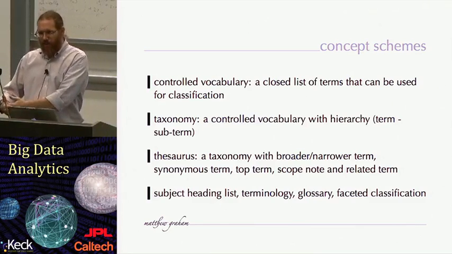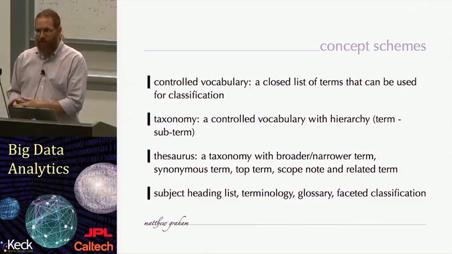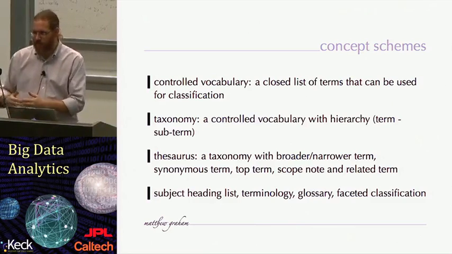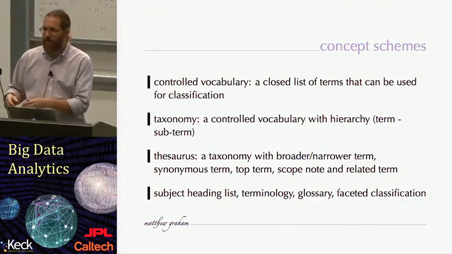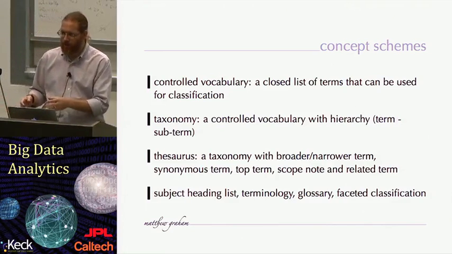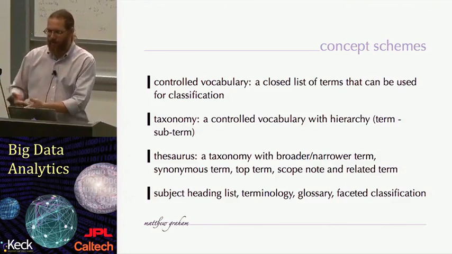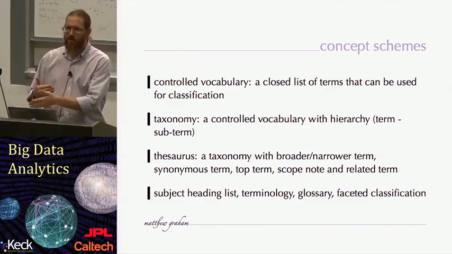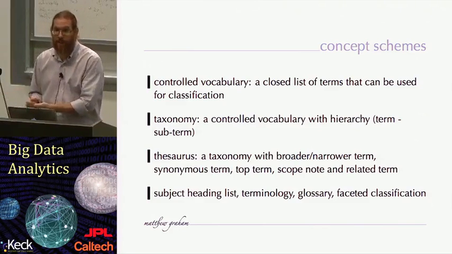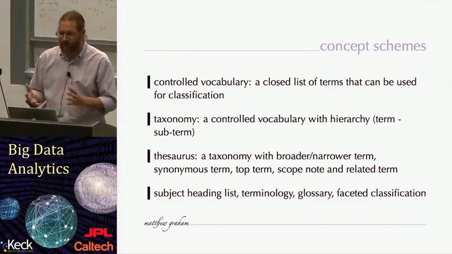So these hierarchies of meaning don't necessarily need to be only in terms of obvious meaning. They can also be in terms of other hierarchical notions, whether it's anatomical development or geographical location or things like that.